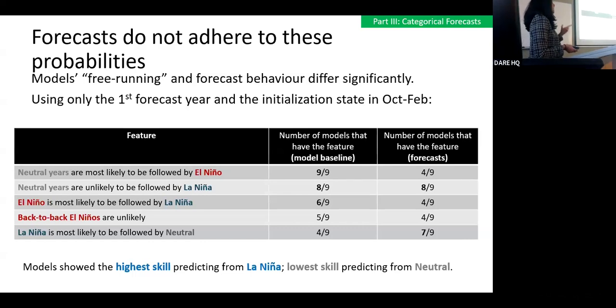However, if you take this and do the same thing when a model is initialized, that is, I give the model all the information about this year's current physical state, and then I run it for the next year, rather than just seeing what happens while the model runs freely, that consensus changes quite a lot. So you end up performing quite a bit worse after neutral years when you actually put in all that information from observations and run it from there.